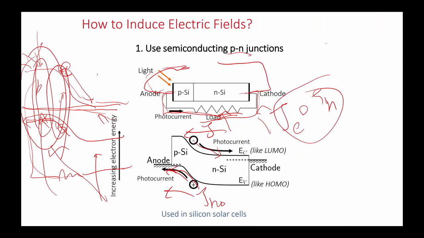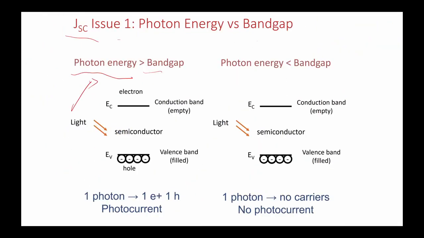So what we were saying is, if we increase the photon energy, that is, if we increase the band gap of the material, whatever material we are taking, that depends on us, then this light will be absorbed less. One photon gives us one electron and one hole, which gives us the photocurrent.